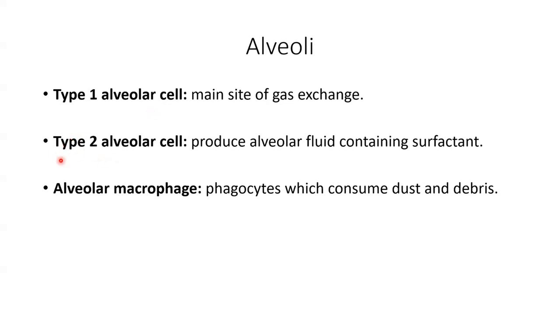We have our type 2 alveolar cells, which produce alveoli fluid, which contains surfactant, which reduces surface tension and prevents the alveoli from collapsing after each exhalation. And then our alveoli macrophages, which are the phagocytes which consume any dust or debris that is found within the alveoli. So we don't try and move that up to the pharynx to spit out, we just consume it within the alveoli itself.